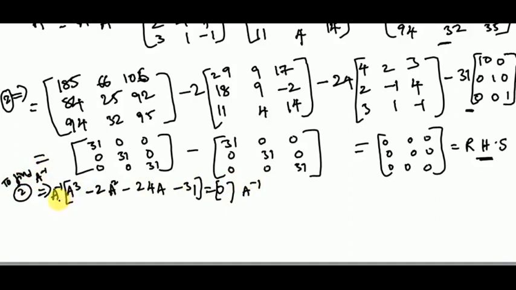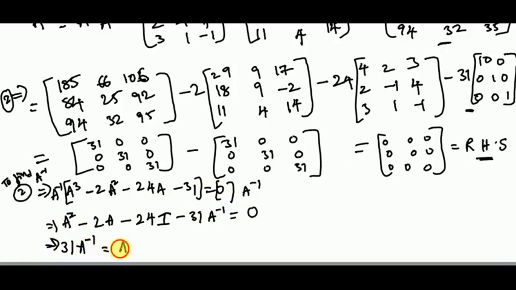A inverse into A cube is A square, minus 2 into A inverse into A square is A, minus 24 into A inverse into A is I, minus 31 into A inverse, and the right hand side will be 0. Simplify again. If you move this term to the right hand side, you will get 31 A inverse equals A square minus 2A minus 24 I.